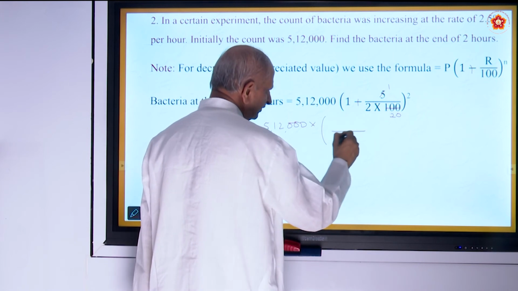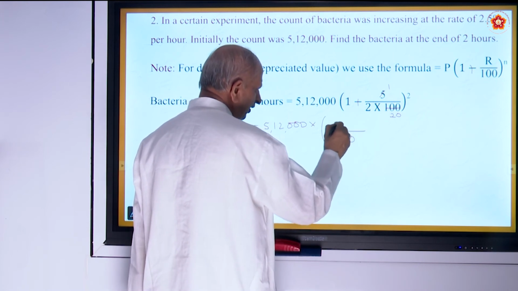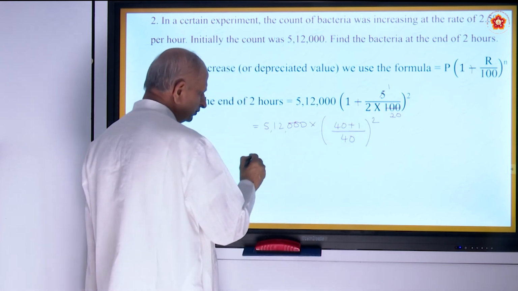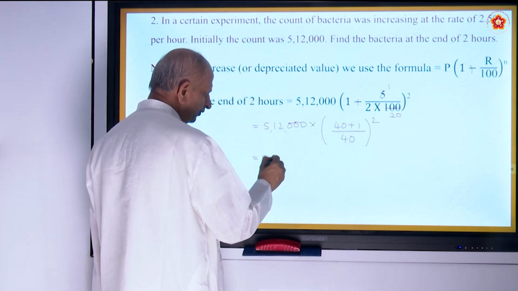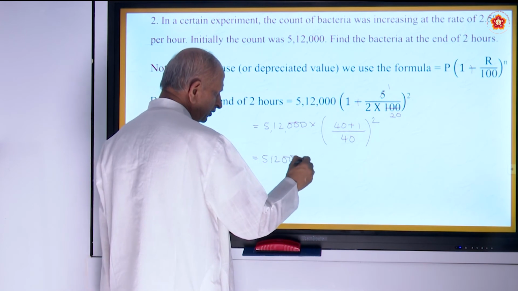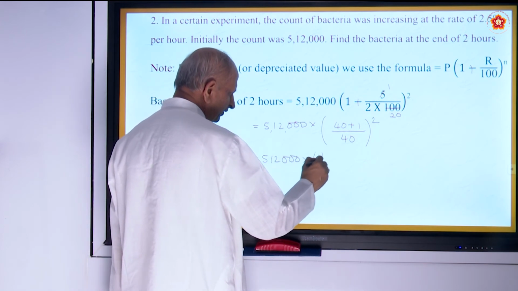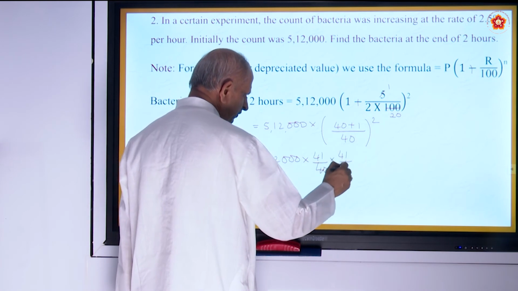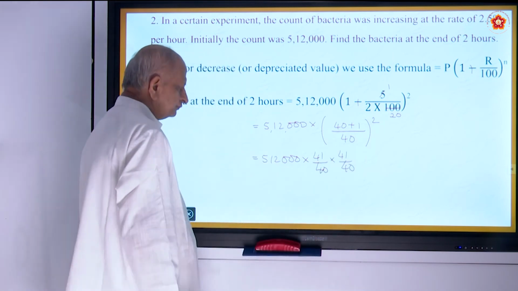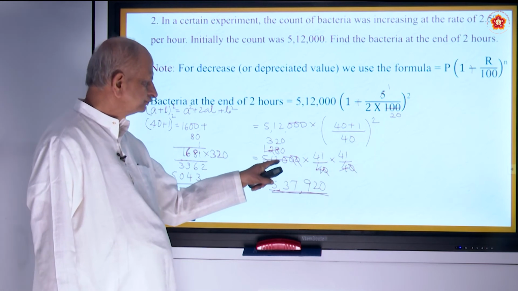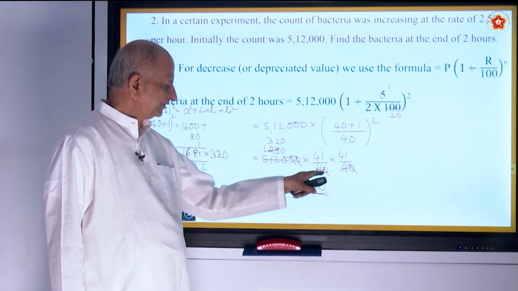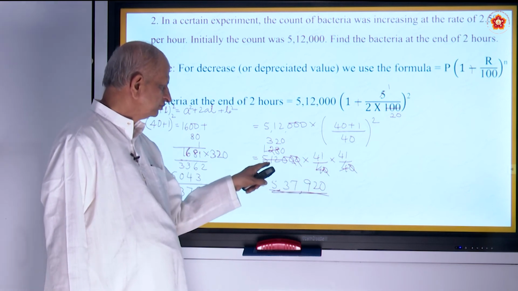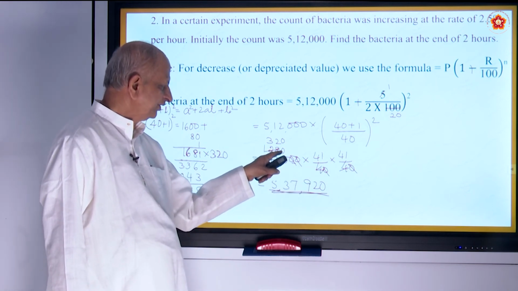Take LCM 40, 40 ones are 40 plus 1 square. So 5,12,000 into 41 by 40 into 41 by 40. Here 0 0 cancels, 0 0 cancels, then 4 ones are 4, 1 2 8 0.